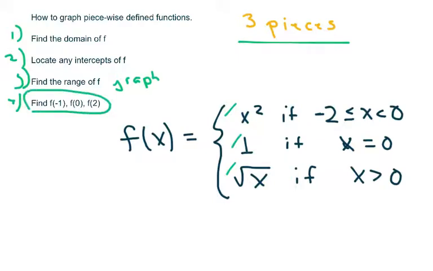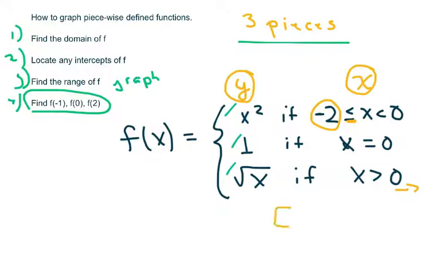So basically, what I want to do first is find the domain. You can also look at the graph and find the domain. When you're looking at this, this is your y portion. This is your x portion. So the domain, we're starting at -2, and then we go all the way greater than 0 to infinity.